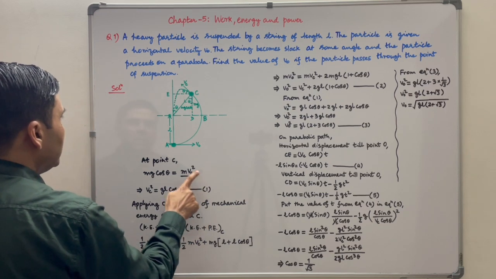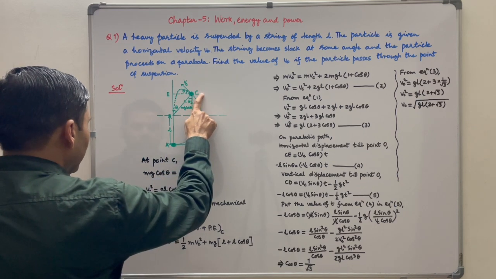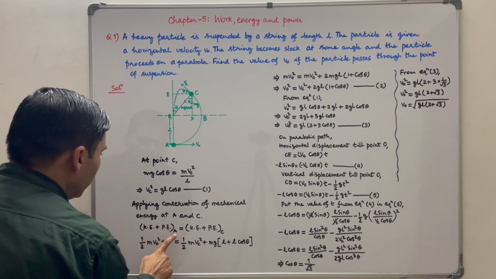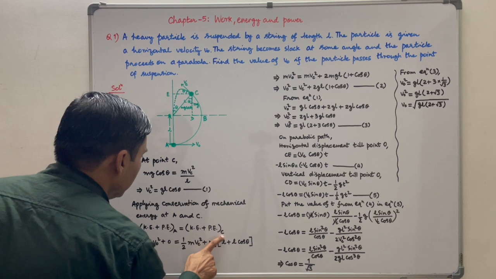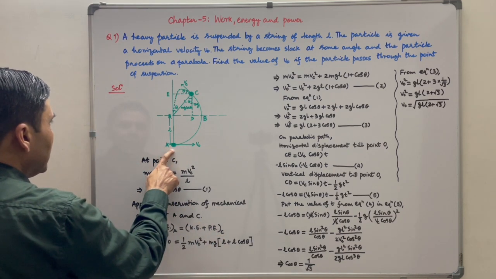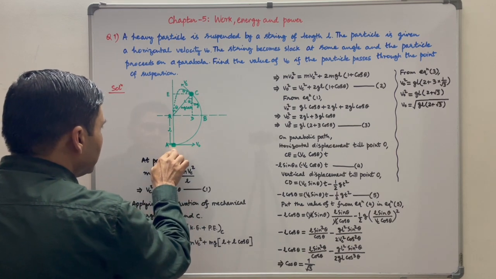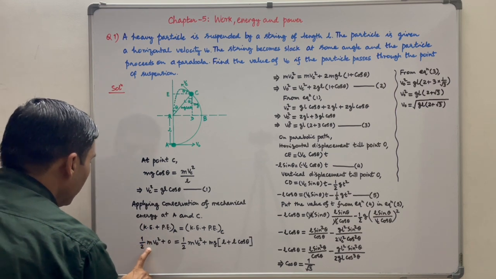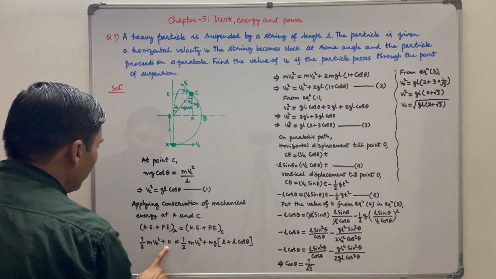We can apply conservation of mechanical energy at points A and C. Kinetic energy plus potential energy at A is equal to kinetic energy plus potential energy at C. Suppose we take a horizontal line passing through A as reference. Kinetic energy of the particle at point A is ½mv0² and potential energy is 0.